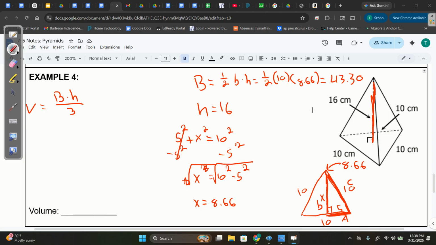Now I have everything I need to plug in and find out what my volume is. 43.30 times 16 divided by 3 gives us 230.93 meters cubed. That is all for pyramids.